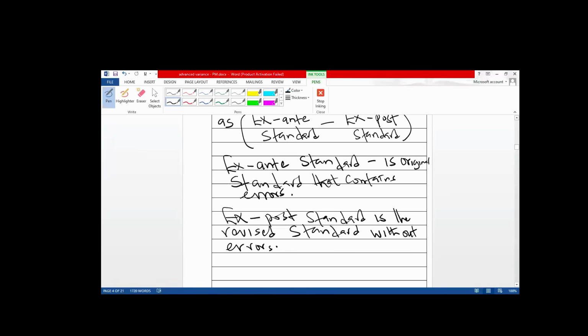It is because there is error in the original standard. We use planning variance to determine the amount of errors in our original standard.